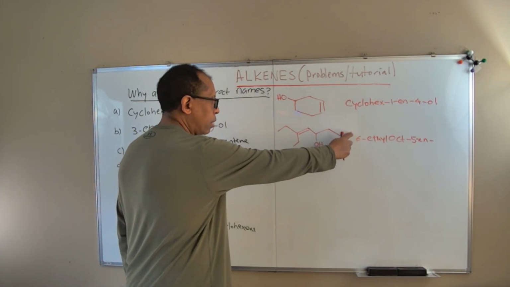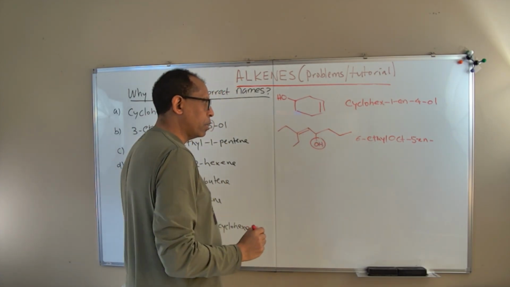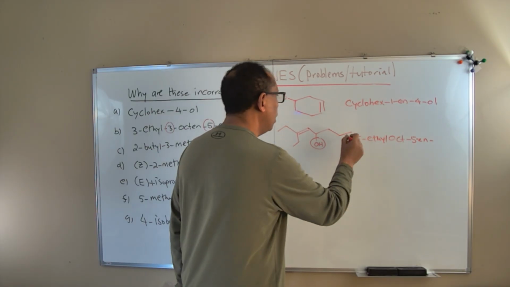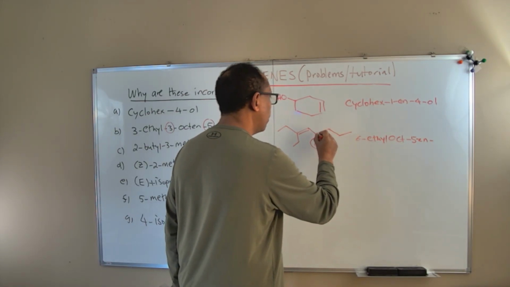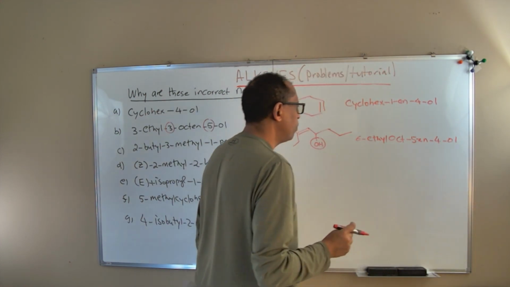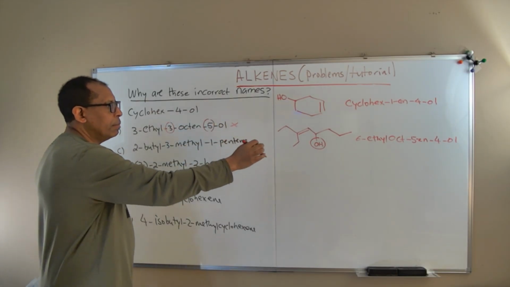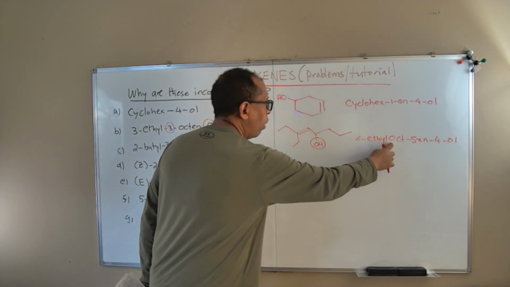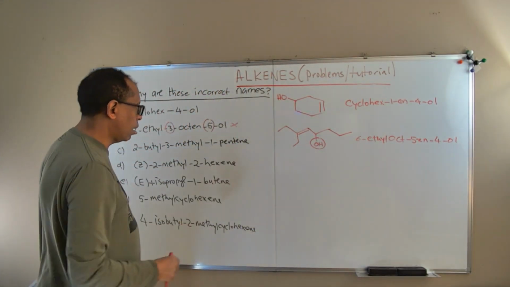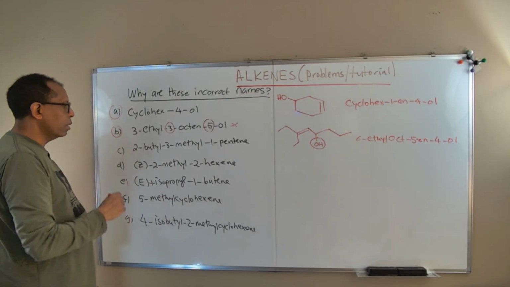The alcohol always gets high priority, so the name of the compound should end with -ol. It is a 4-ol compound. So the way it was named is wrong, because 6-ethyloct-5-en-4-ol is the right naming for that compound. That is why B is incorrect.